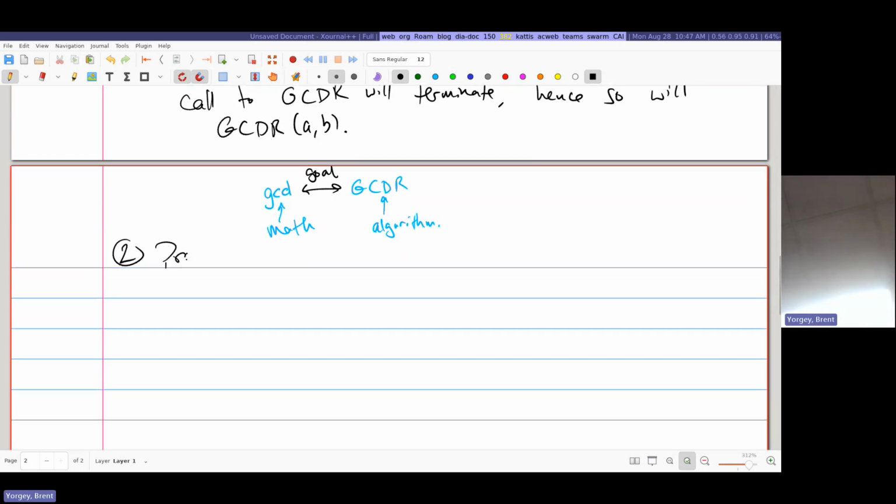So we're going to prove GCDR is correct, i.e., for all natural numbers A and B, GCDR of A, B equals little gcd of A, B. That's what we want to show.